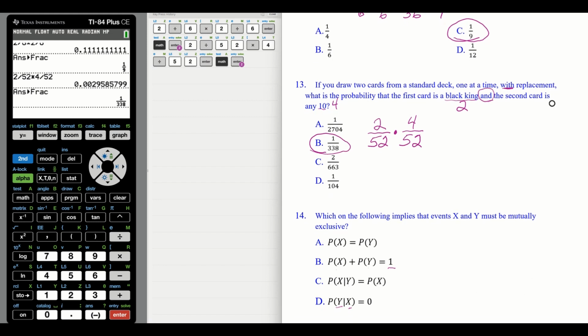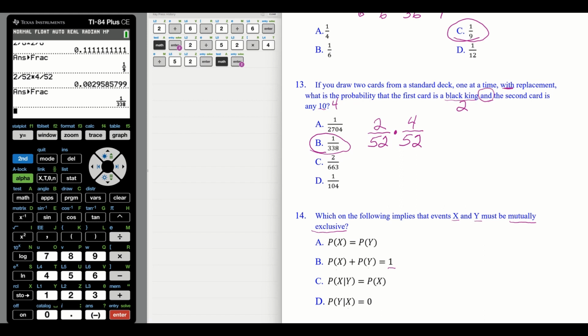Now, number 14. Which of the following implies events X and Y must be mutually exclusive? In this situation, we need to understand what mutually exclusive means. This means that the events X and Y will not occur at the same time.